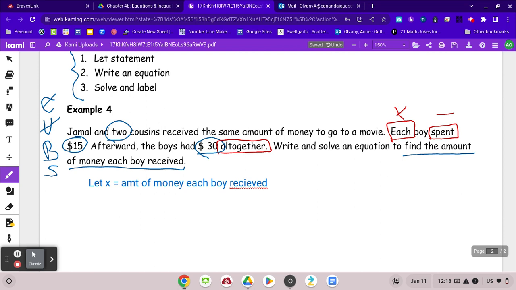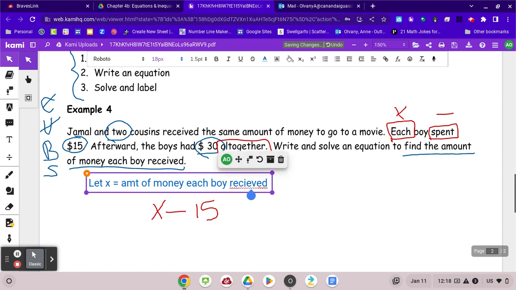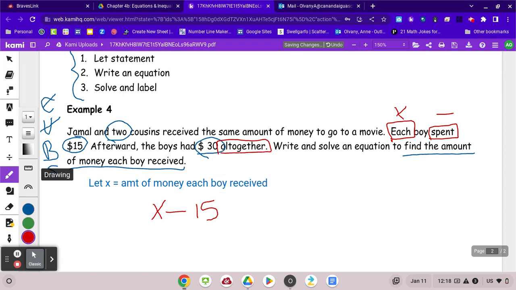Now let's see if we can put that into an equation. Each boy spent $15. So each boy received x dollars and spent 15. How many boys were there? There were 3.